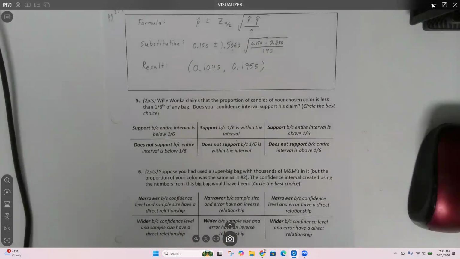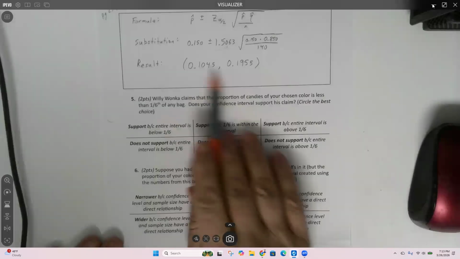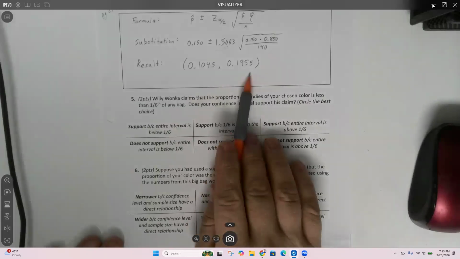Does your confidence interval support his claim? So he comes to me and he's like, there's something shady going on at the M&M company. Like maybe blue dye is more expensive and they're not producing the same number of blues as every other color. That's what he's telling me. Does my result support his claim?